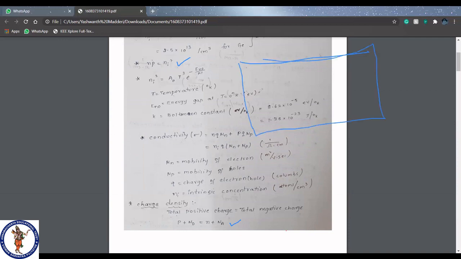If we have a semiconductor bar, with the hole concentration, the electron concentration, and the donor concentration ND.